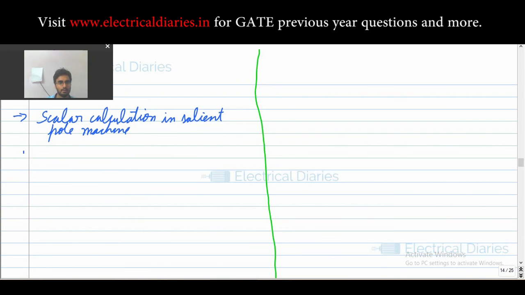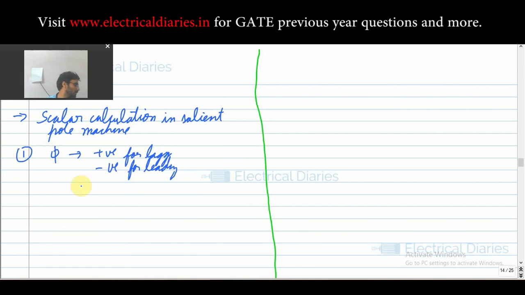Now the conventions are these. Your phi will be positive for lagging load, or negative for leading.